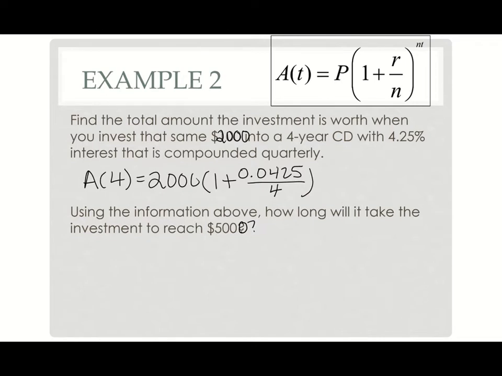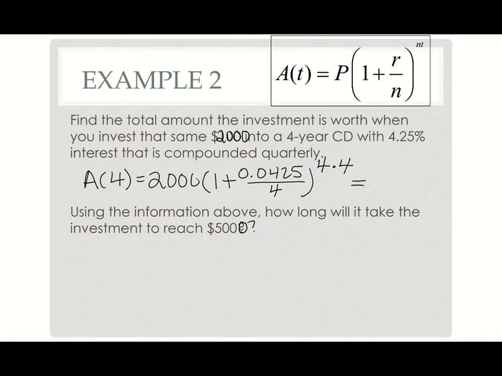So that 4 times a year times over 4 years. So when we plug this into our calculator, we have 2,000 times 1 plus, and then our second set of parentheses, 0.0425 divided by 4, 2 sets of parentheses, all raised to this 4 times 4, which is 16.